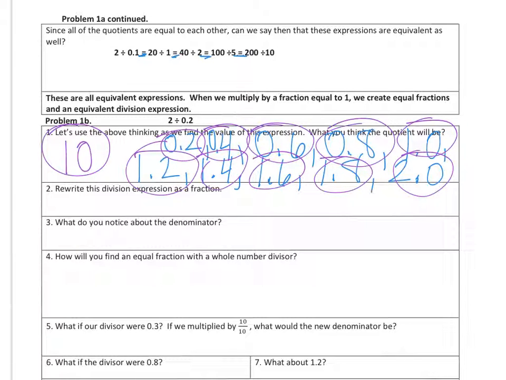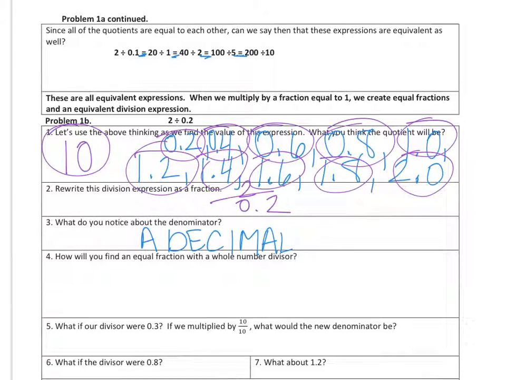So let's rewrite it as a fraction, like we talked about earlier. So 2 over 2/10. Now that denominator, still a decimal. So how can we think of a way to make it a whole number?